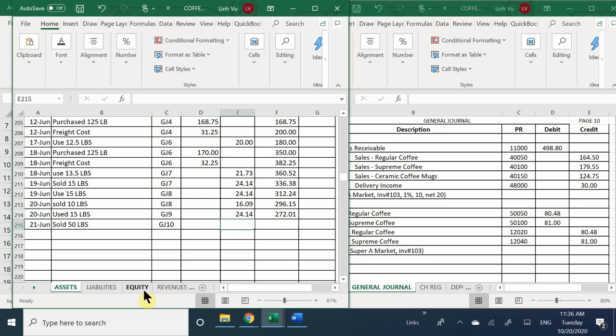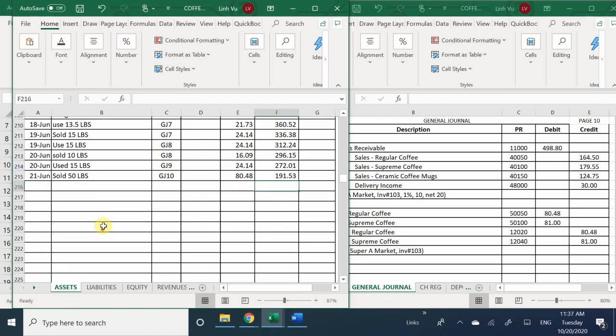For how much? 80.48. Bringing my grand total of inventory on hand to 191.53.